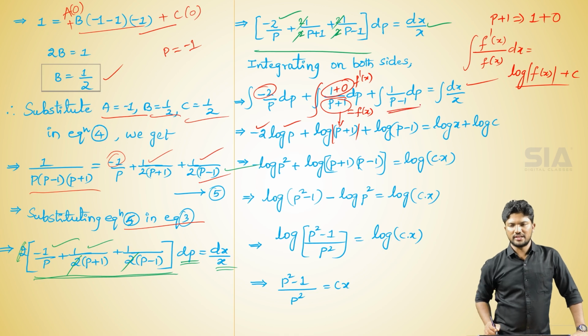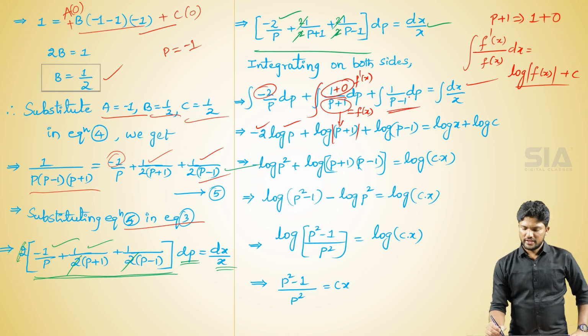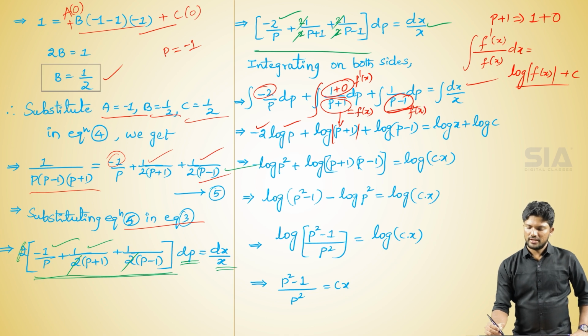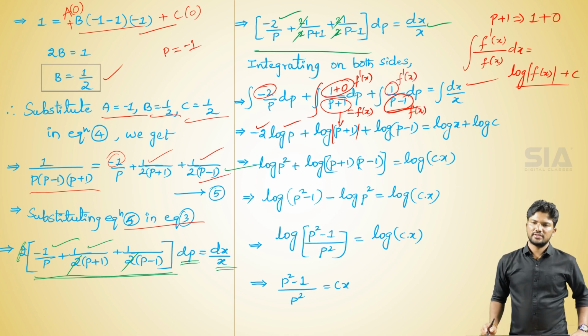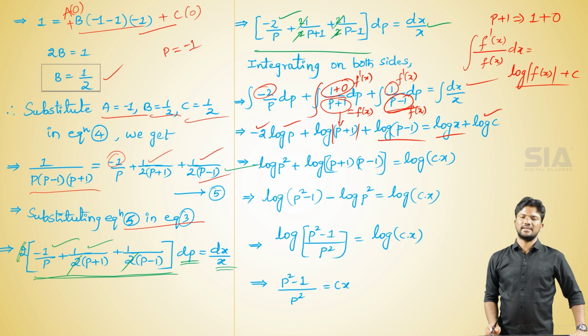For the second term also, take the same function as f of x, and the numerator is the differentiation of p minus 1. So the same formula is applicable here also. We are writing log (p minus 1). In the RHS, integration of 1 by x dx is log x, and the integration constant we are writing as log c.